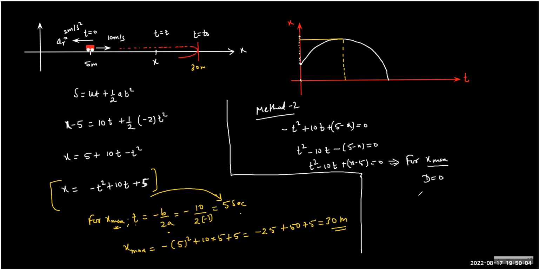And therefore, b square minus 4ac must be 0.